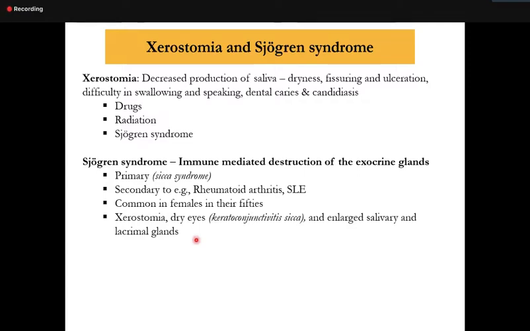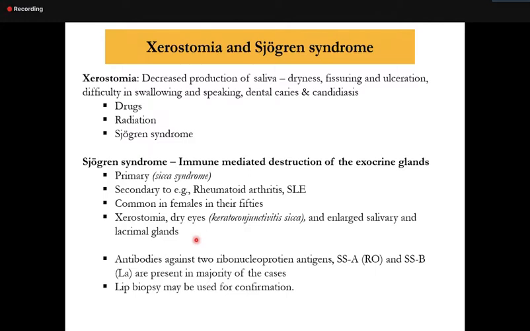You can diagnose it as I showed in my MCQ by a biopsy in which these glands are surrounded by intense lymphocytic infiltrate. Now, another way is to identify antibodies against two ribonucleoprotein antigens. So these are the antigens SSA, which is more sensitive, and SSB, which is more specific.